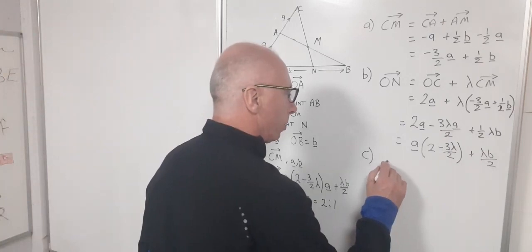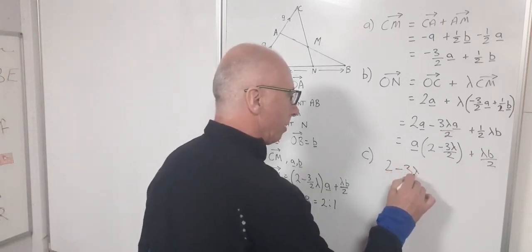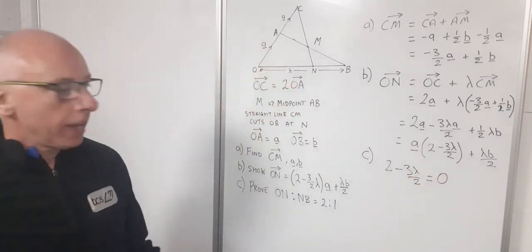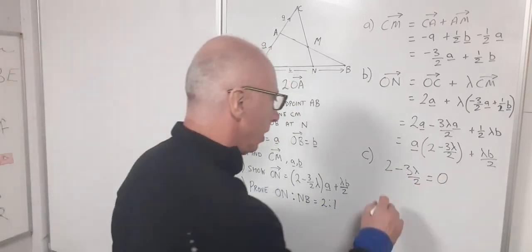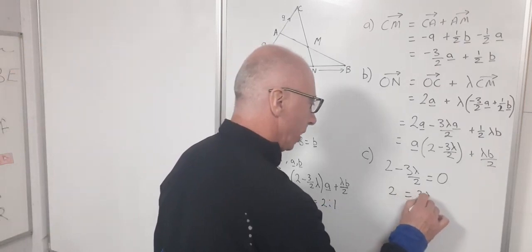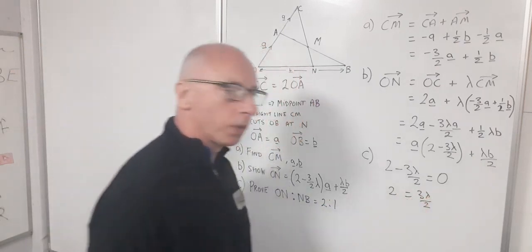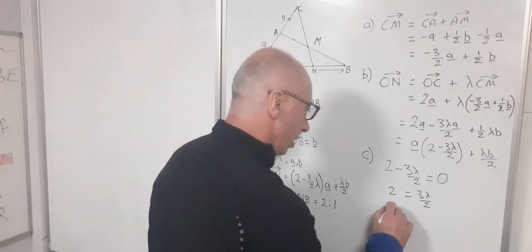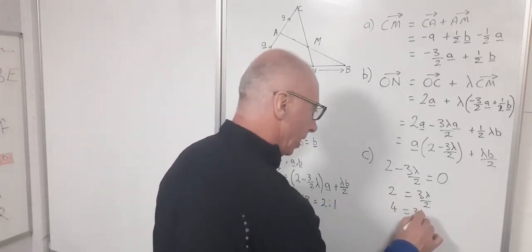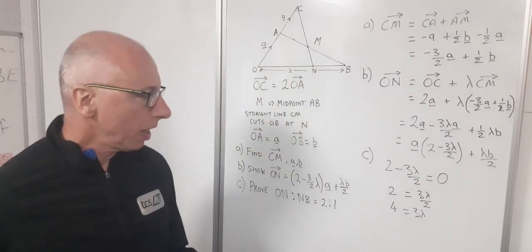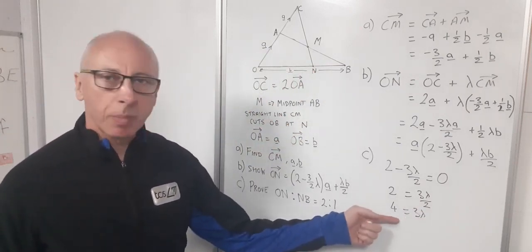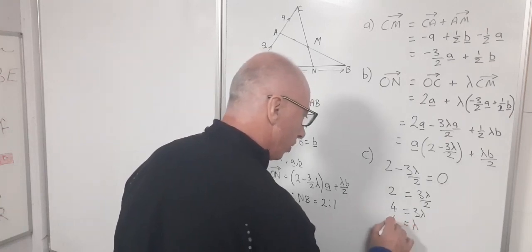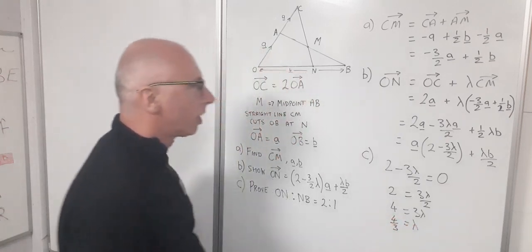So if I do 2 minus 3 lambda over 2 equals 0, and then I can bring this to the other side, so 2 equals 3 lambda over 2. Now times both sides by 2, so now I'll get 4 equals 3 lambda, and now to solve for lambda I just divide both sides by 3, so therefore lambda equals 4/3.